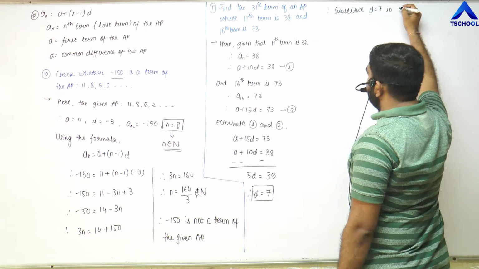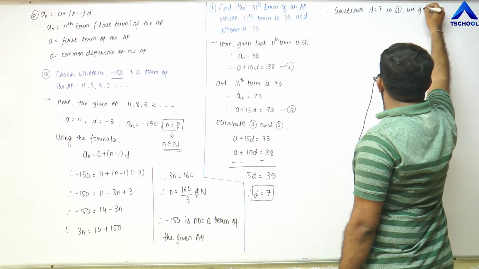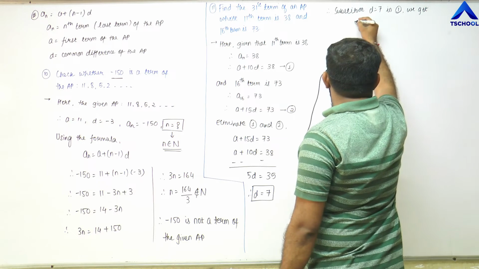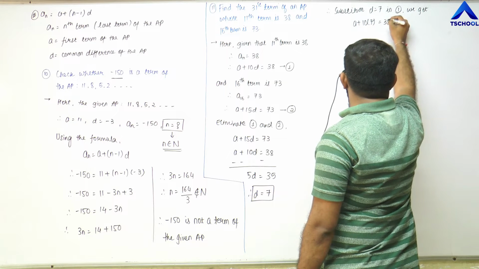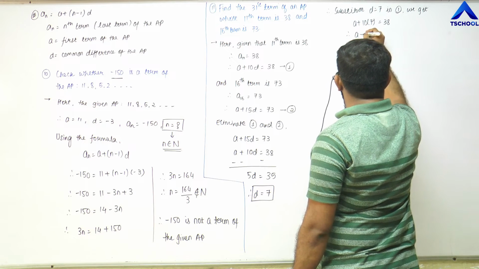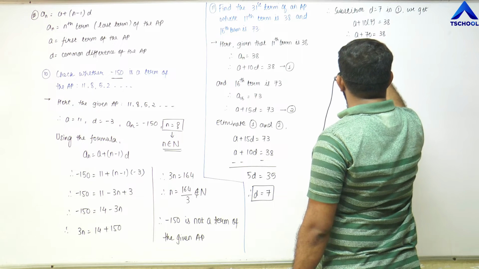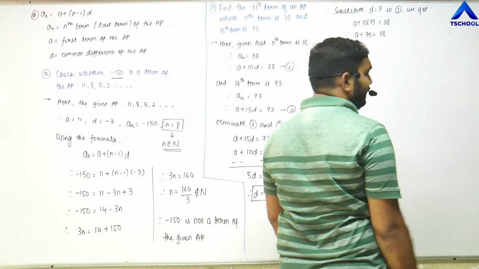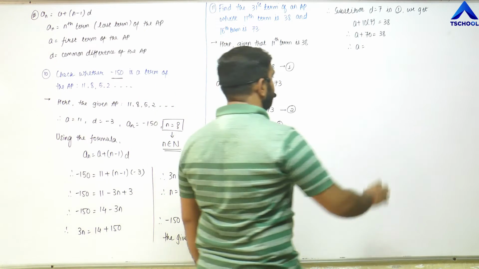Let us substitute it in 1. So in 1, we get A plus 10 into 7 is equal to 38. Therefore A plus 70 is equal to 38, and hence we get the value of A, that is 32, right?